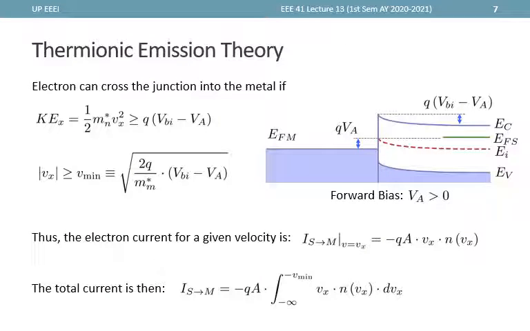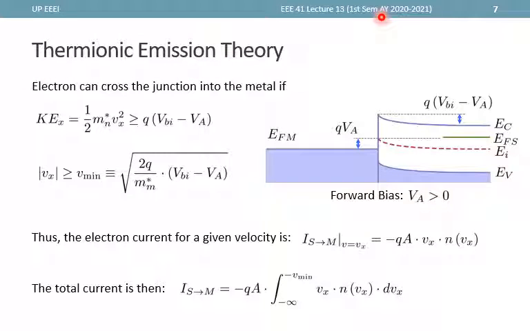Now the current resulting from majority carrier electron or hole injection over the potential barrier in an MS or Schottky diode is referred to as thermionic emission current.